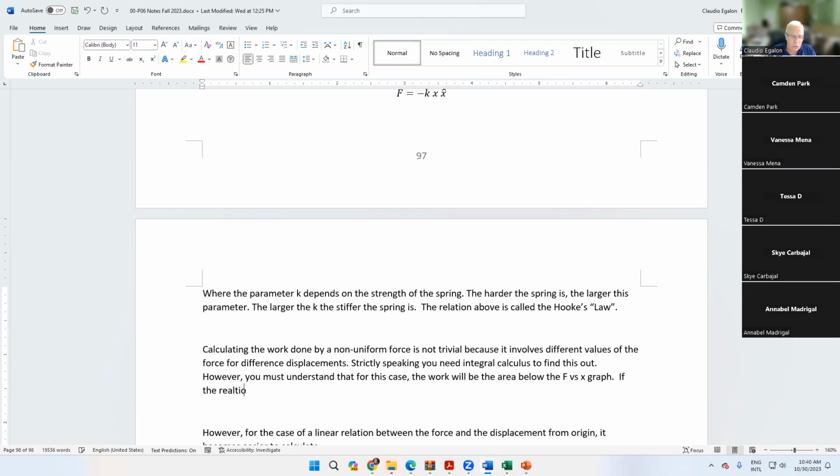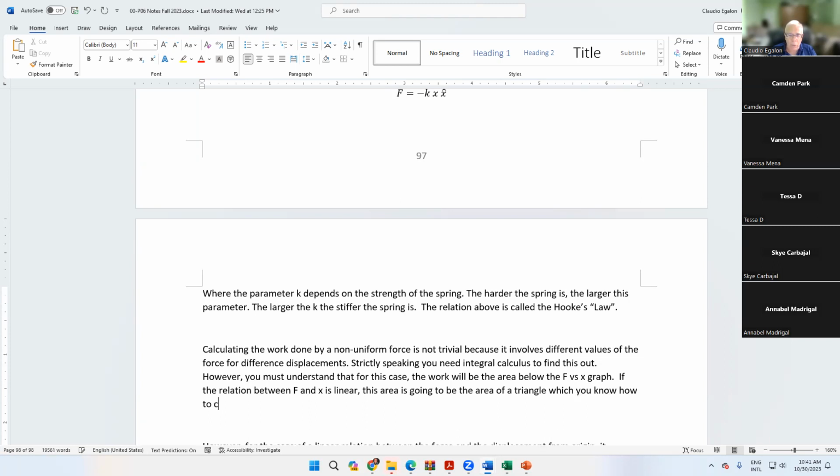If the relation between F and x is linear, this area is going to be the area of a triangle, which you know how to calculate, okay?